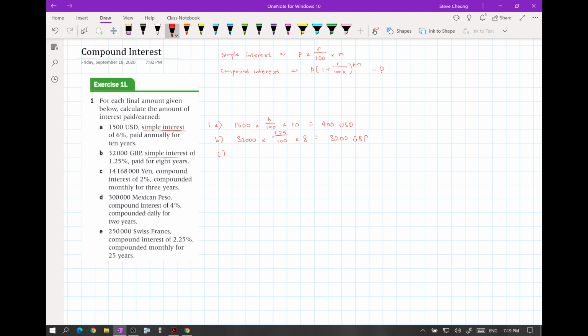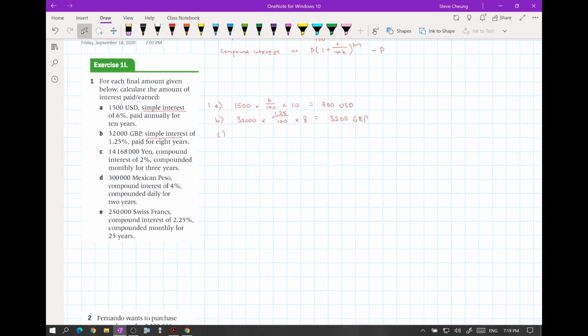C. So this is compound interest. We will use the compound interest formula with 2 to be my R. And this is compounded monthly, so I need to divide the rate by a factor of 12. And then I'll write 12 over there over 3 years.